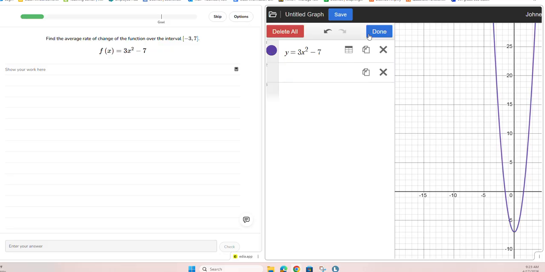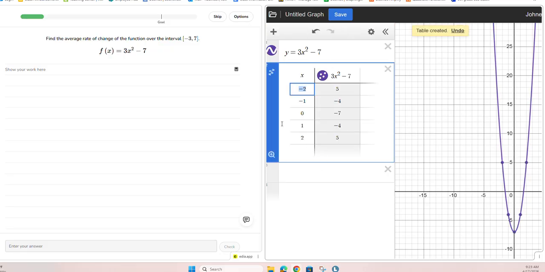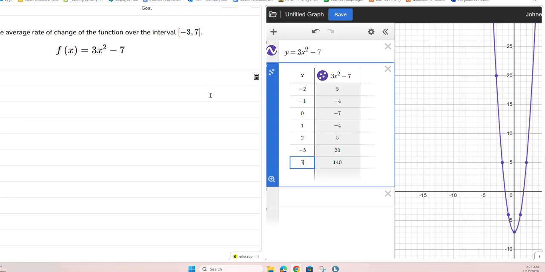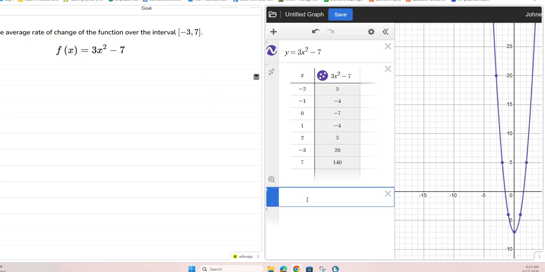I'll go to settings, table. I'm looking for negative 3 to 7 on my problem. I do not have any of those on my table, so I'm going to type in negative 3 and I'm going to type in 7.